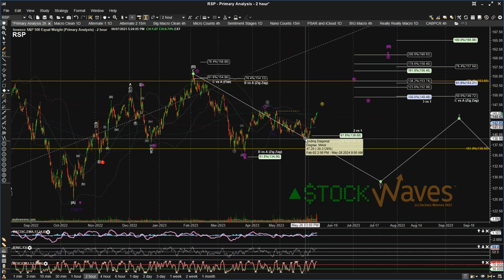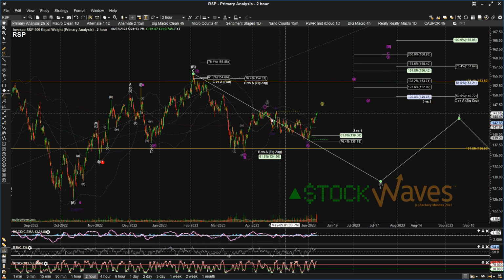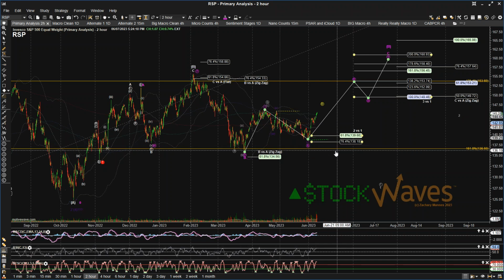And we didn't get any follow through off of this high that looked more like 5 waves up than a B wave. So that's when we started to consider that we had a wave 1 start to the C wave up, because we held the retrace here as the possible wave 2.